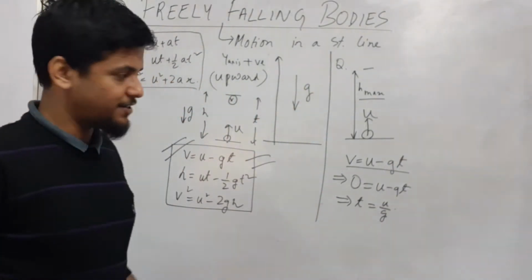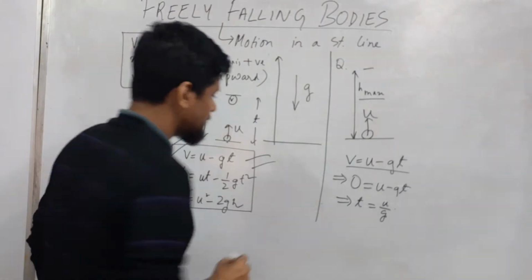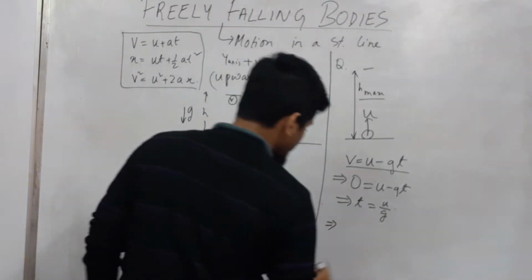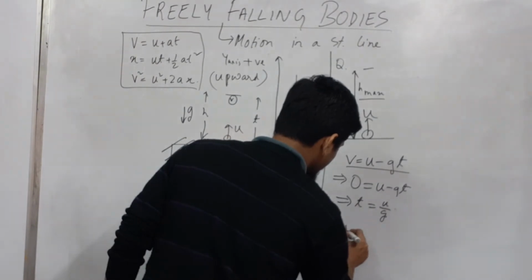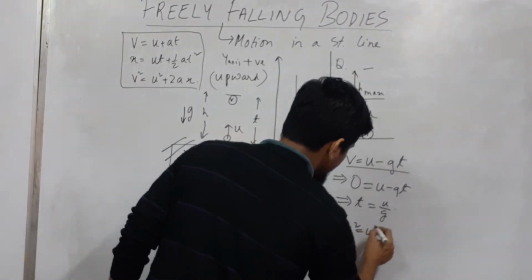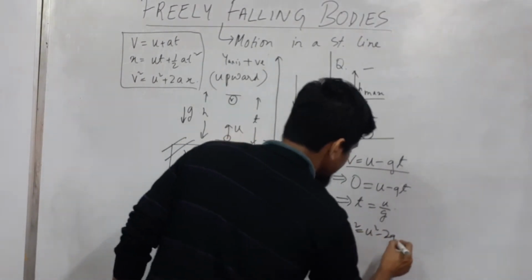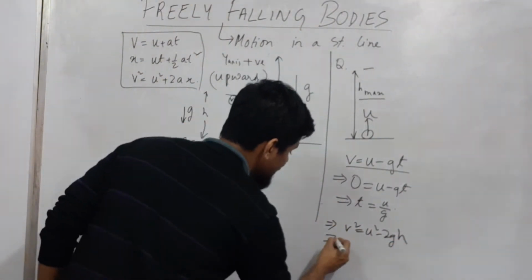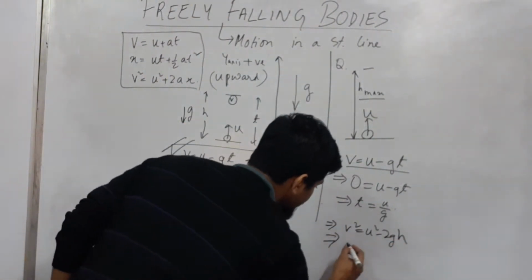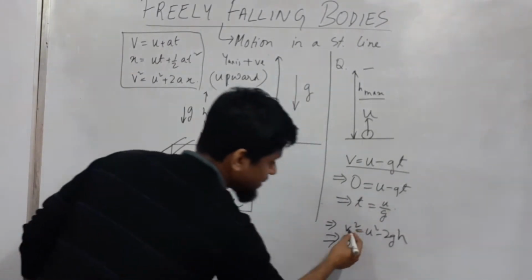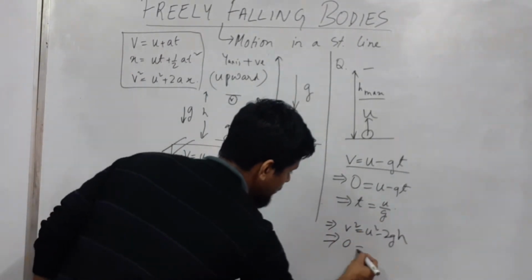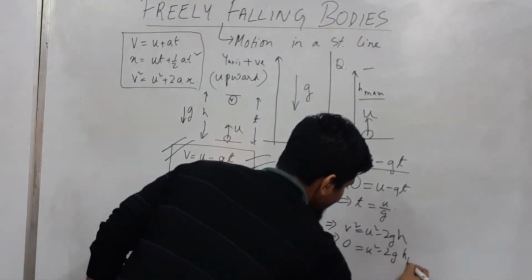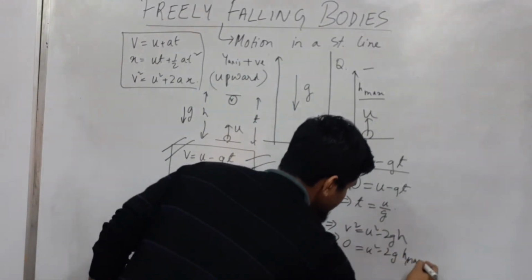This is the maximum height. Therefore, we know that v square is equal to u square minus twice g times h. If we consider the maximum height, v is equal to 0, so 0 equals u square minus twice g h max.